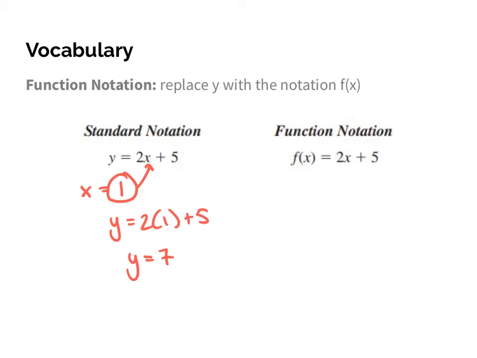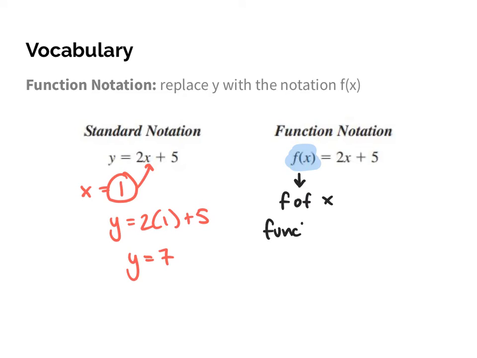All right, now when we talk more about functions, this is something you're going to see throughout the year. Instead of sometimes writing the output as y, you're going to see this function notation written like this. Okay, it's f parentheses x. Now this does not mean mathematically f times x, but this is f of x. Now what does f of x mean?